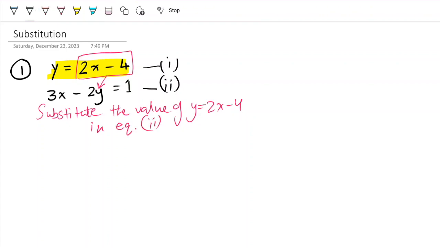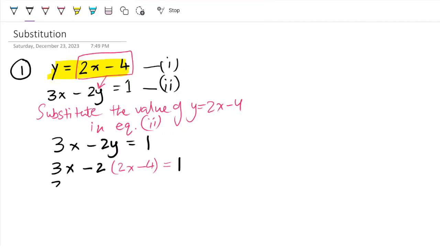So I will write equation 2 again, which says 3x minus 2y is equal to 1. So again, 3x minus 2 times (2x minus 4), that's actually y in another equation, is equal to 1.